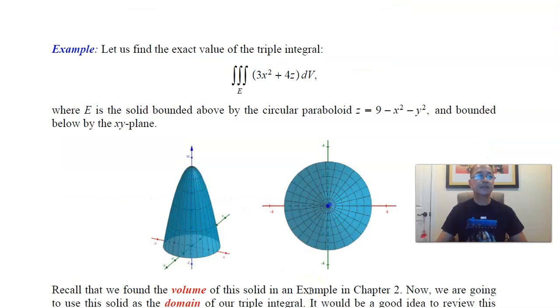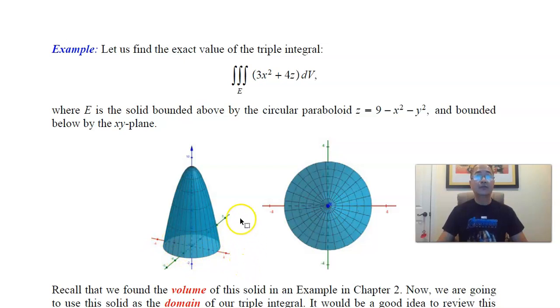All right, for our first example, I hope you remember this solid. Back in chapter 2, we computed the volume of this solid using polar coordinates, of course. It's a paraboloid, z equals 9 minus x squared minus y squared, but we cut it off at the xy plane.